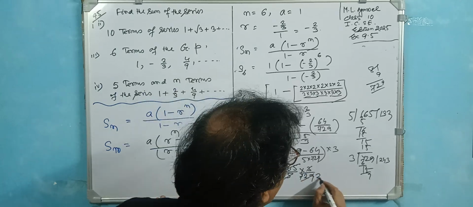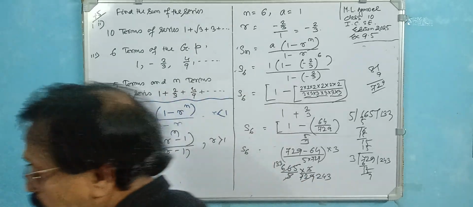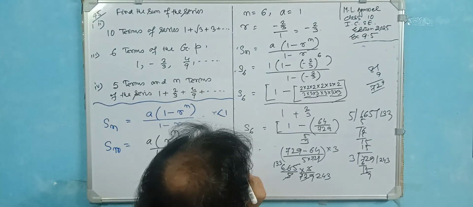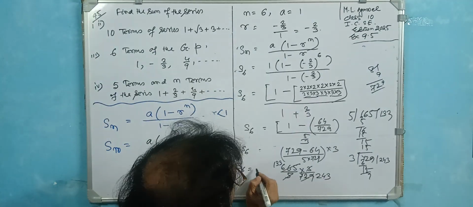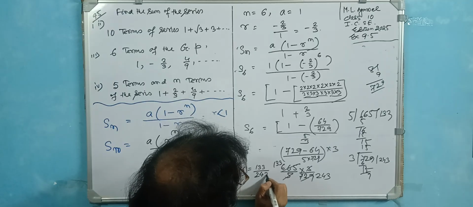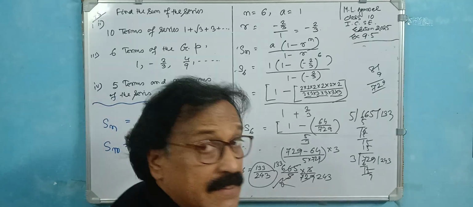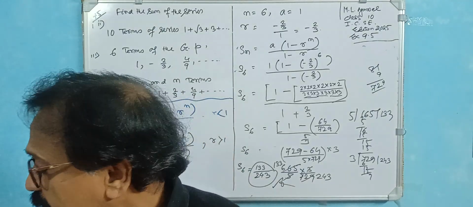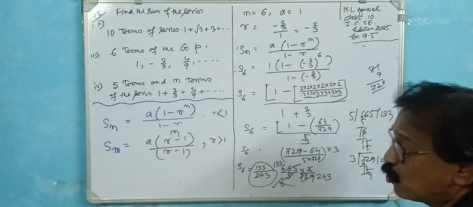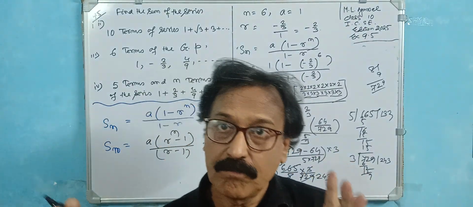So this is 243. So what is the ultimate answer? The ultimate answer is 133 by 243. This is the ultimate answer. The patience will be there.